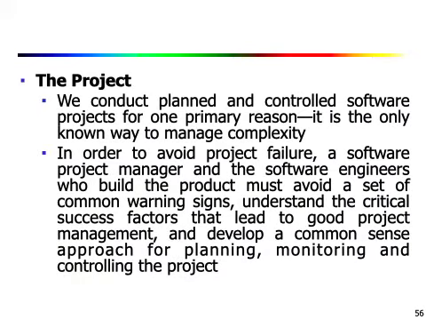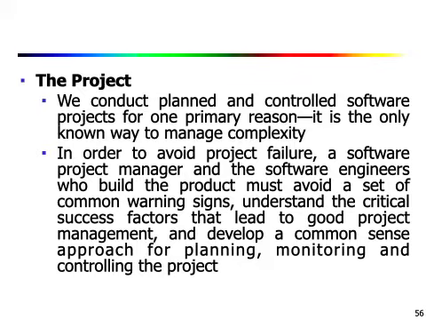And at the end comes the project, a basic understanding about the project. We conduct planned and controlled software projects for one primary reason: it is the only known way to manage complexity.